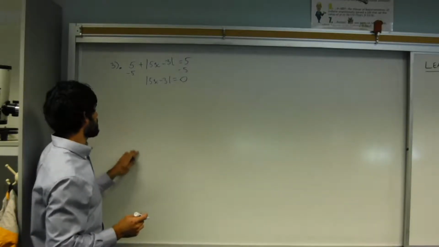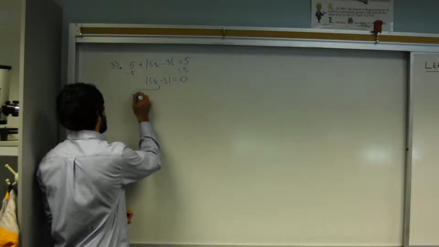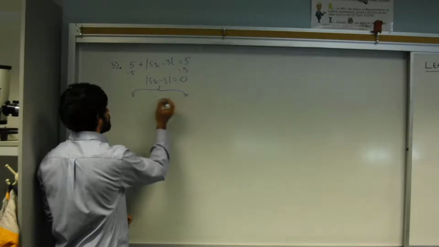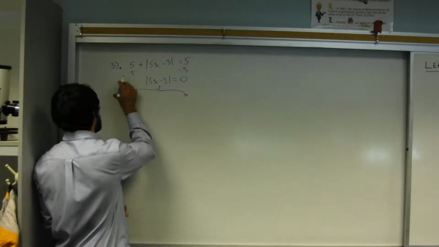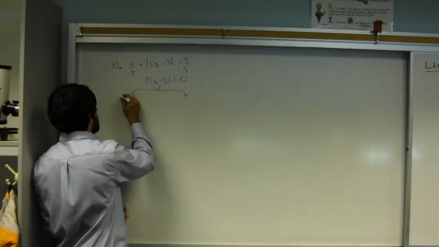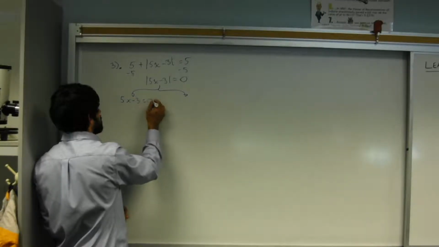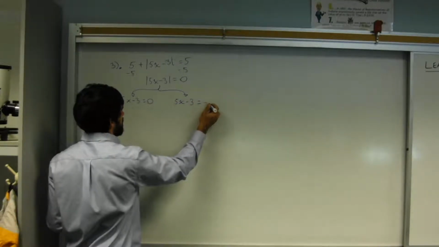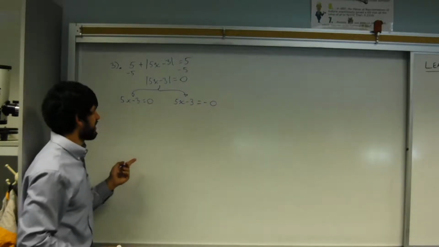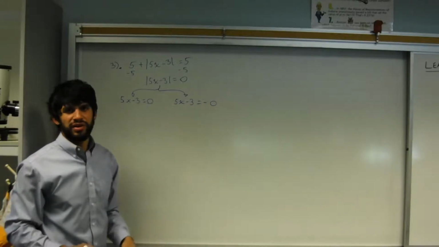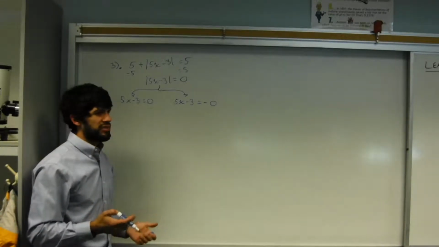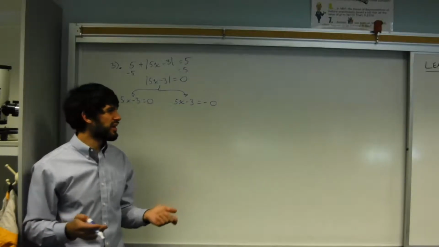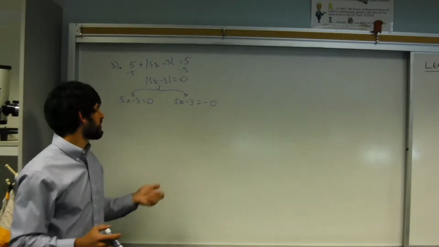So in this case, if we split our equation, we get 5x minus 3 is equal to 0, and we get 5x minus 3 is equal to -0. And wait a second, 0 and -0 are the same thing. Multiplying 0 by -1 or dividing it by -1 doesn't make a difference.